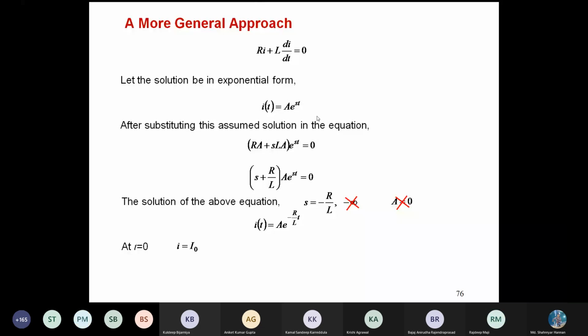You are not audible, sir. Kamal sir, please inform Alok sir that he is not audible.